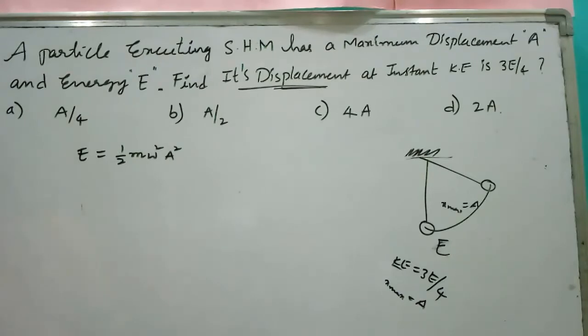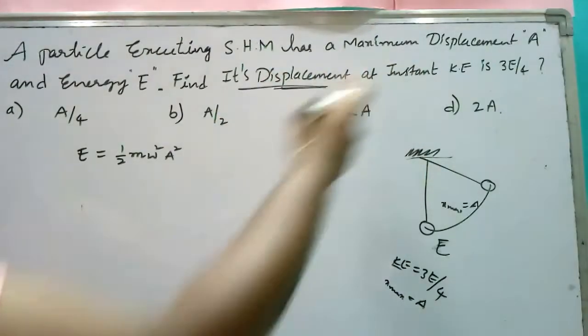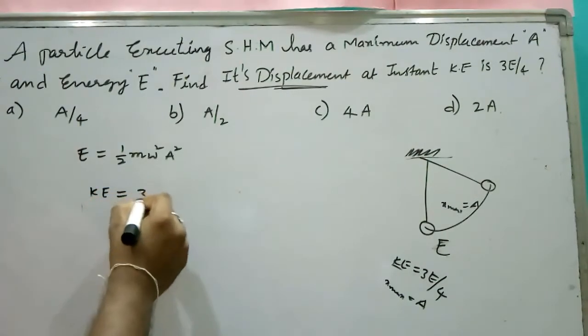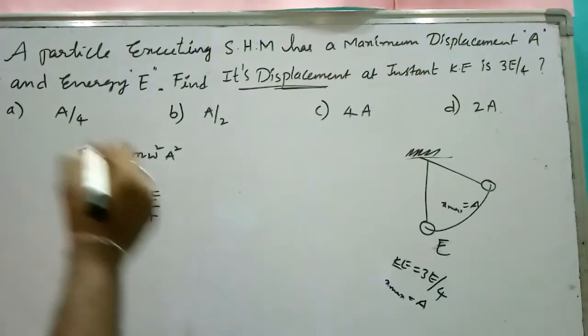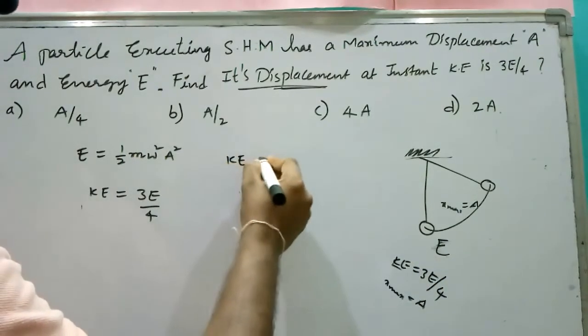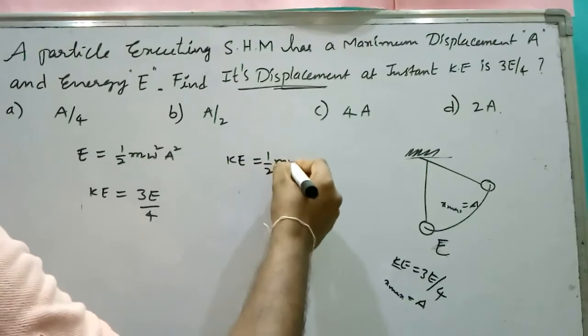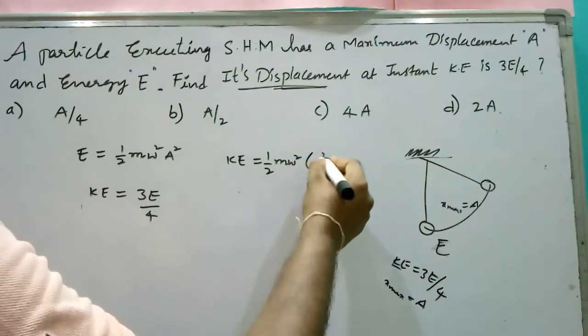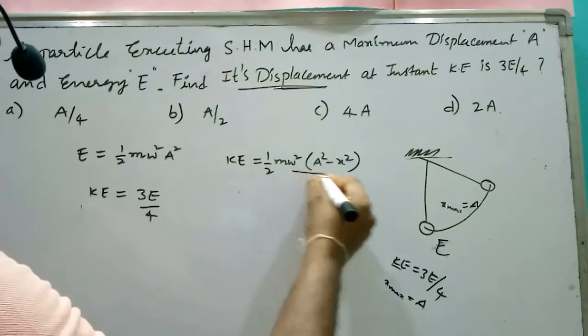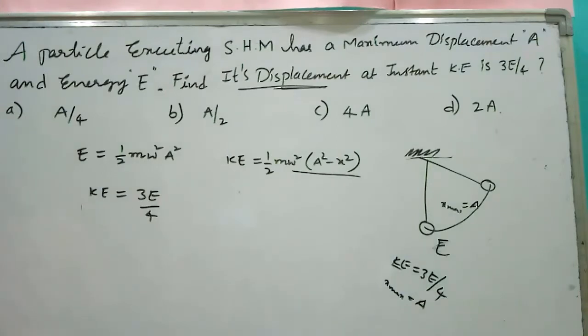According to this problem, the kinetic energy equals 3 by 4 of the total energy. We already know the kinetic energy of this oscillator is half m omega square of A square minus X square, where omega square of A square minus X square is equal to V square, the velocity of that oscillator.